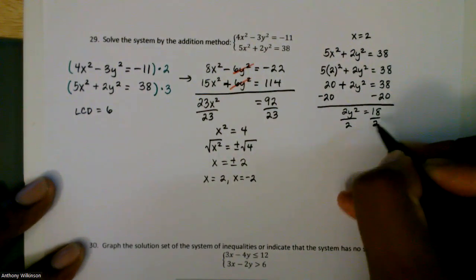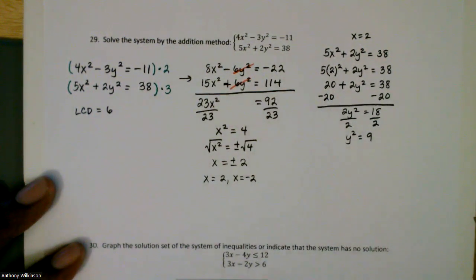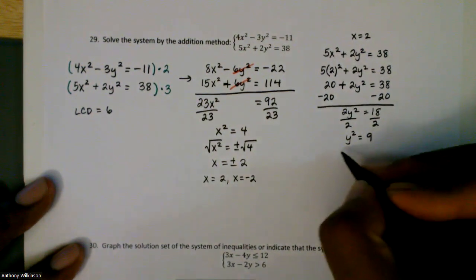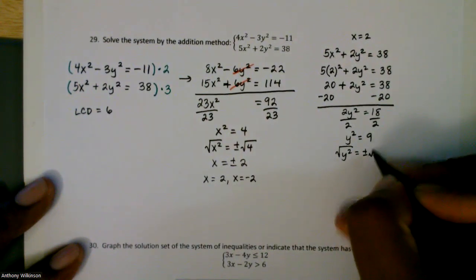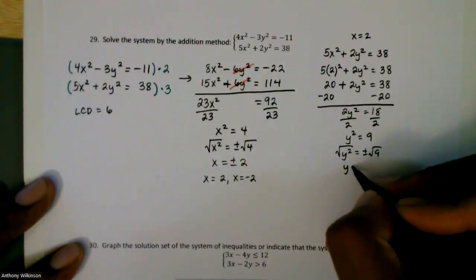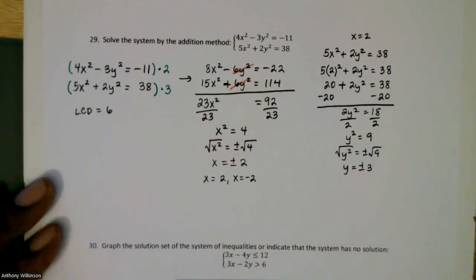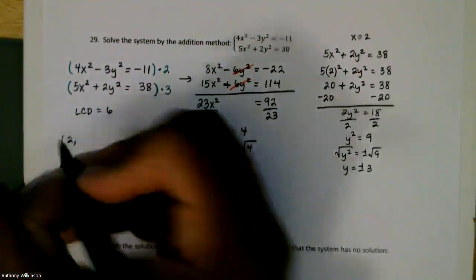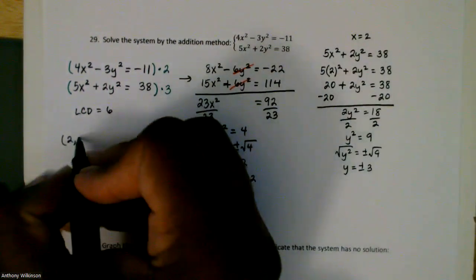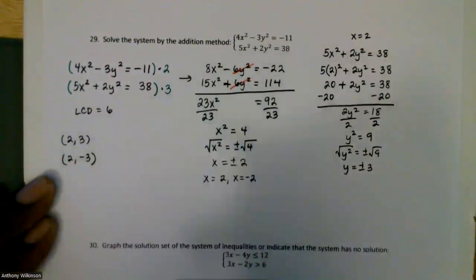Now if I divide both sides by 2, that would mean y squared is equal to 9. And then take the square root on both sides and include that plus or minus symbol. That means y is equal to plus or minus 3. So for x is equal to 2, it's going to be positive 3. And then for x equals 2 again, that will be negative 3.